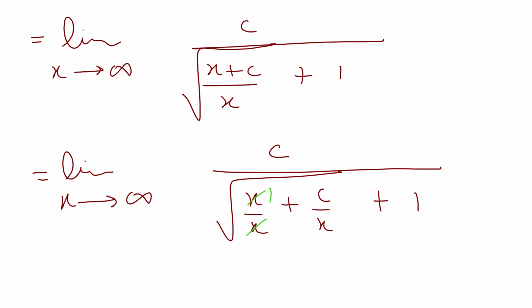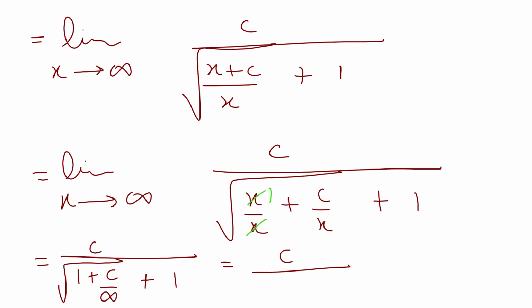Now you can put the value of x as infinity. So c upon root of 1 plus c by infinity plus 1. What is c upon infinity? It's 0. So this will be root 1 plus root 1, root 1 plus 1. So that will give you c upon 2.